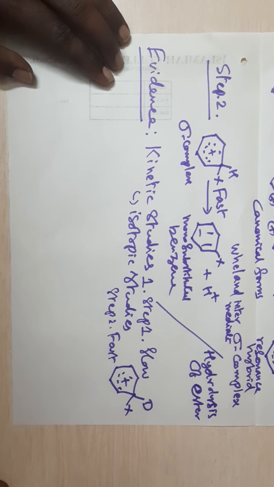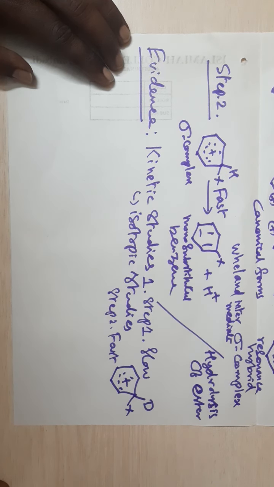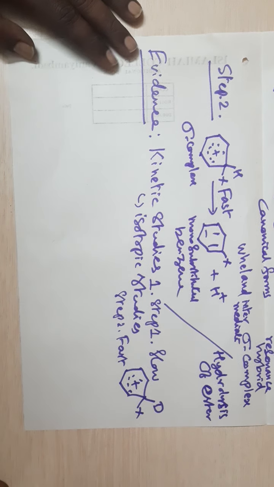From kinetic isotopic studies, we can say that the reaction occurs in 2 steps. Step 1 is the slow step involving the formation of the sigma complex or valent intermediate, and step 2 is the fast step in which the proton is lost easily and you get a monosubstituted compound. So this is from kinetic studies.